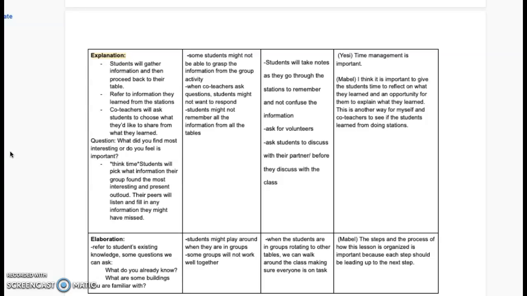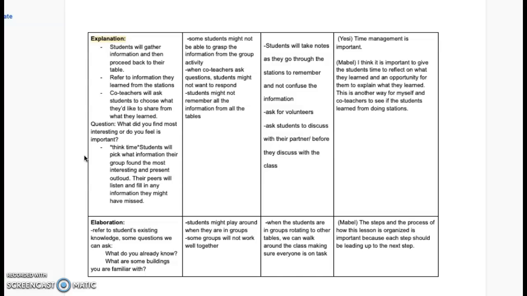This gives the students two options. After the question, we are going to give the students some think time to think about their answer. Then students will pick what information their group found the most interesting and present it out loud. Their peers will listen and fill in any information they might have missed.